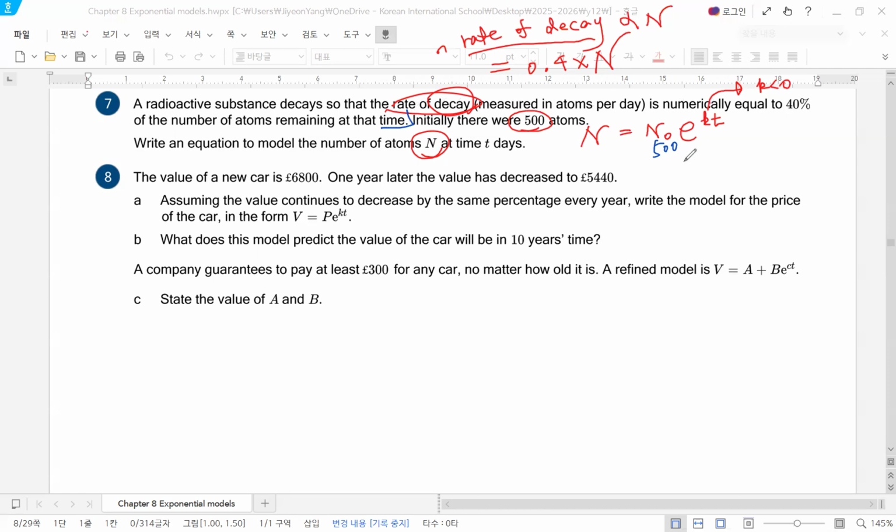So let's find the gradient. The gradient of this one is 500 times k times e to the power of kt. And 500 times e to the power of kt is actually n, right? So the gradient equals k times n.